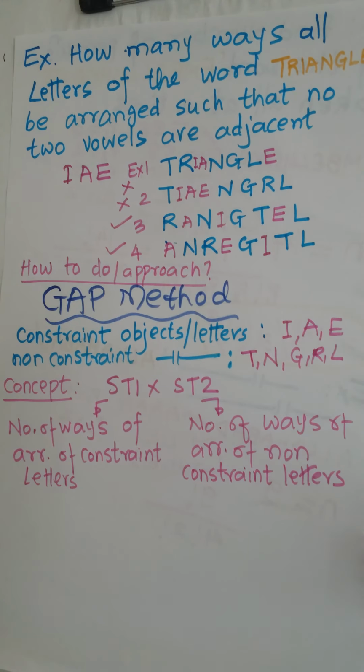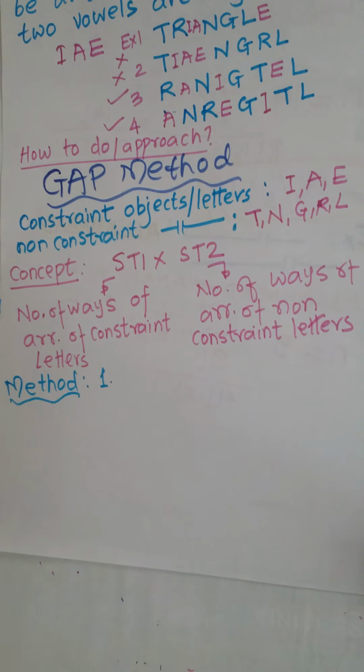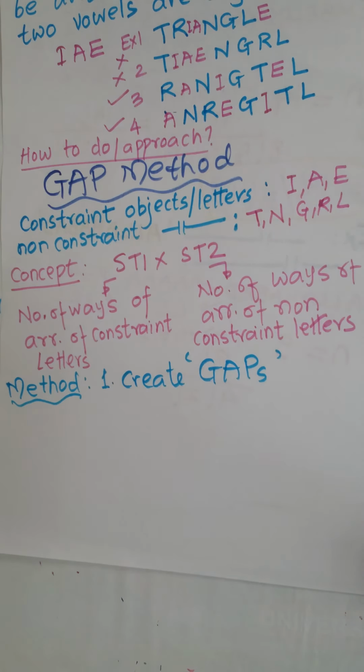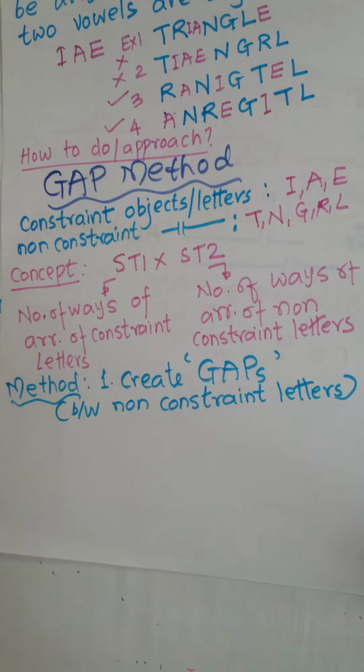So what is the method involved here? The first step is to create gaps. Between which elements? Creating gaps between the non-constraint letters, which were how many? T, N, G, R, L, which is like this.